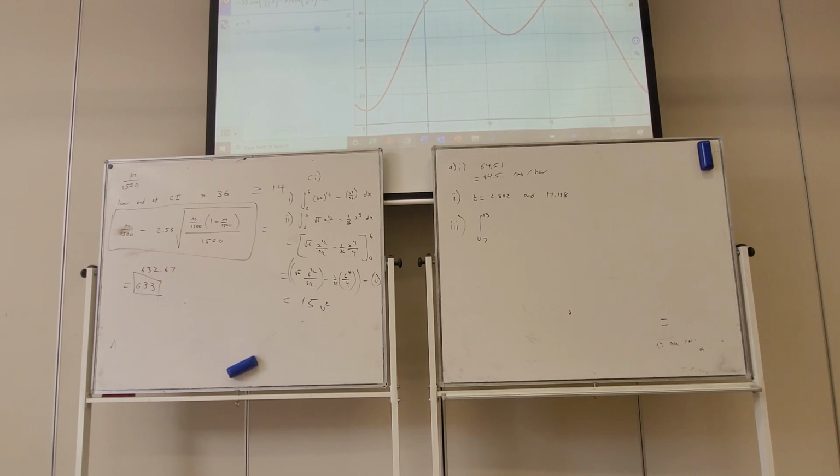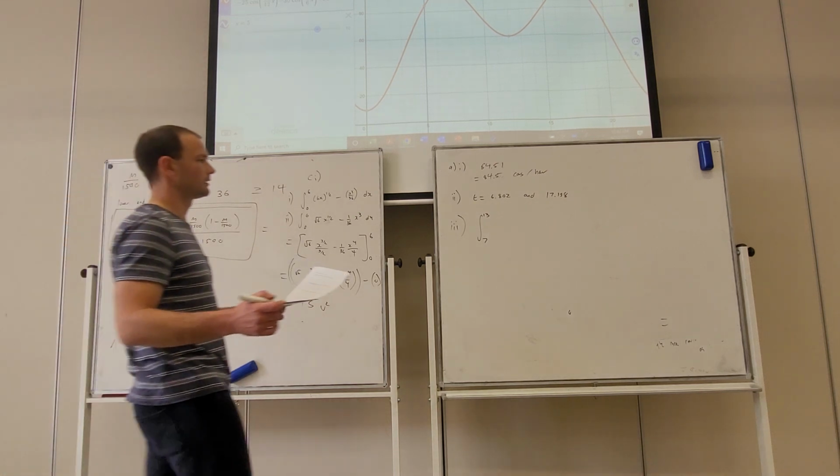We've got from 7 to 13 of the function: minus 25 cos of pi on 12 x, take 30 cos of pi on 6 x, plus 65. 449.6, 450.